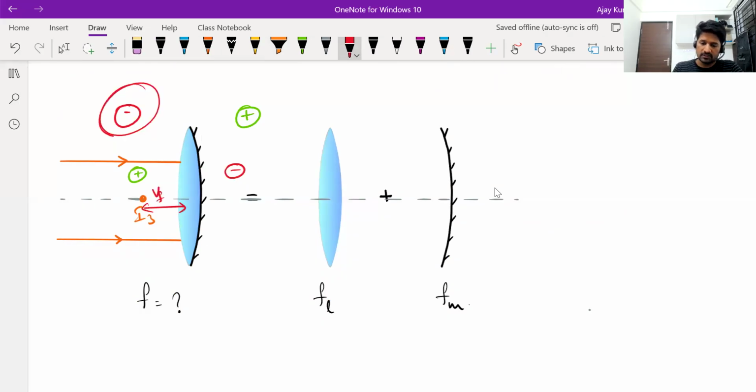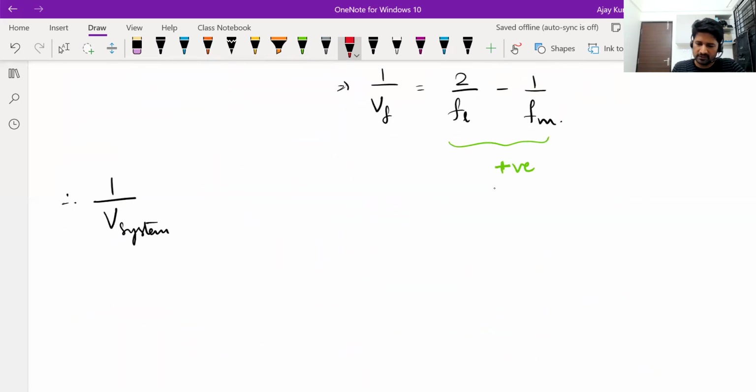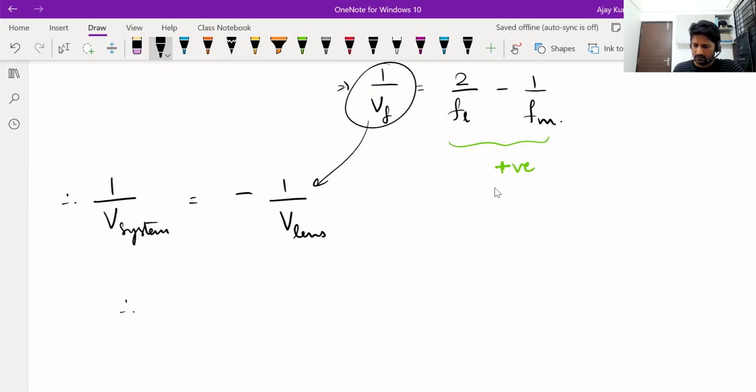But for the original system, this is the negative side. So we'll have to take a minus sign again. So 1 by V of the system is negative of 1 by V of the lens. So negative of this is what you need to take here. Therefore, 1 by V for the entire system becomes negative of this, which is 1 by Fm minus 2 by Fl.